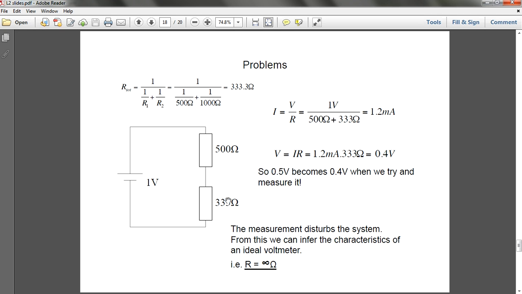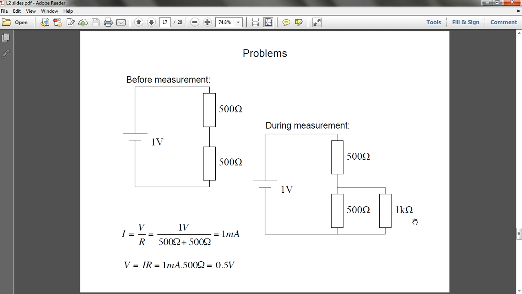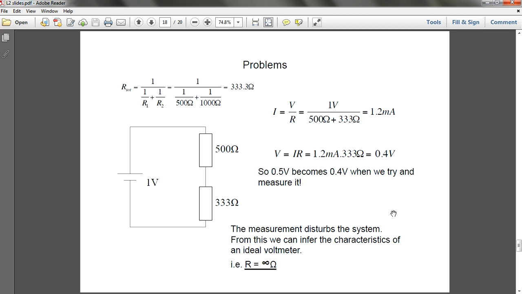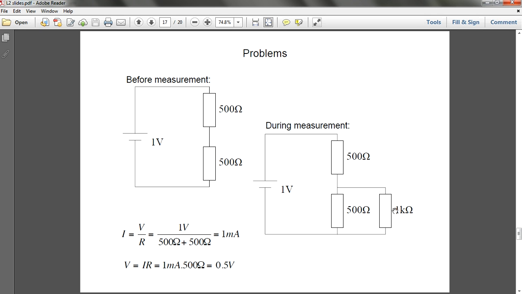Where do the other ohms go? The other ohms actually go to the resistance of the voltmeter itself. So more of the voltage will go to the voltmeter, causing the measurement to have a different calculation.